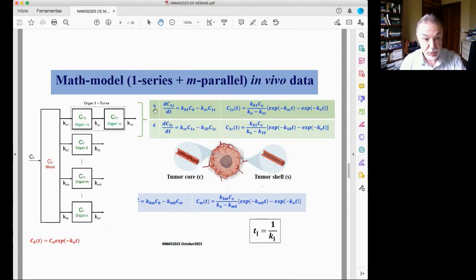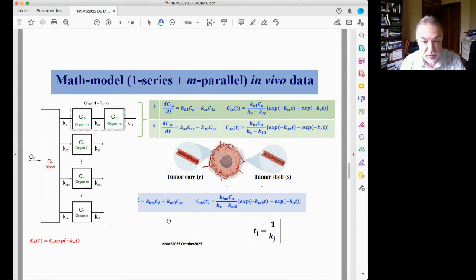So if you look at what happens with the material that comes to the shell, it is described by this solution of this differential equation, and then it is transferred to the core of the tumor, this is the differential equation regarding the core, and this is its solution.